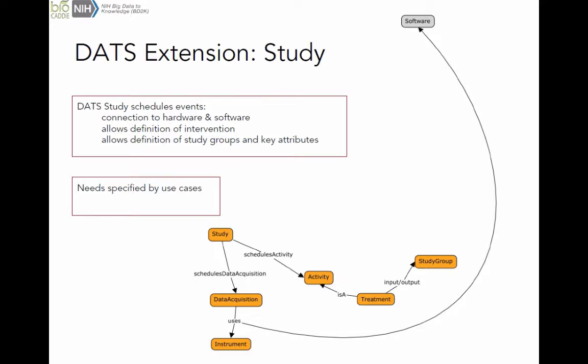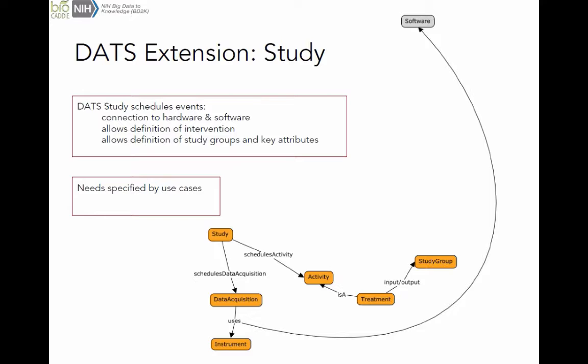So these new objects, like a study activity, which is part of a study, allow tracking of the various events that can take place as part of a study. This could be a baseline assessment in a clinical trial, for instance, and also the definition of the various intervention modes that I just mentioned. And of course, the study group will be input to the treatment.